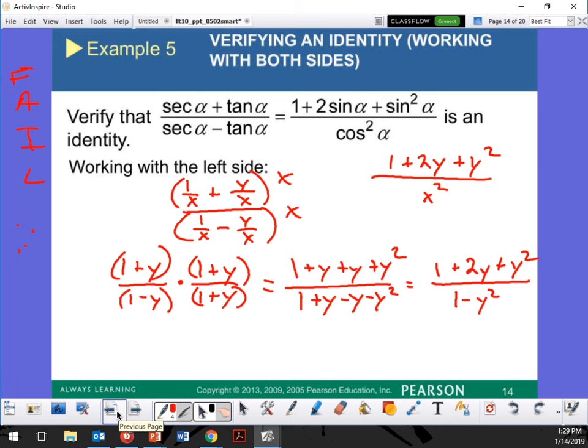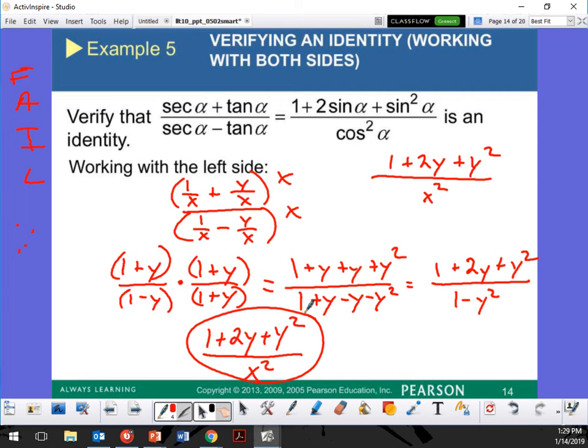So I could use that Pythagorean identity now, right? On the top, did I get there already? Yeah, I got the top. So it's 1 plus 2y plus y squared all over x squared. Was I able to verify this while still only working one side? Yes. I only had to work one side.